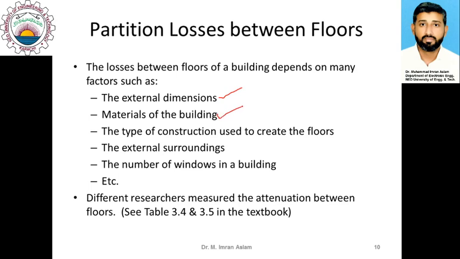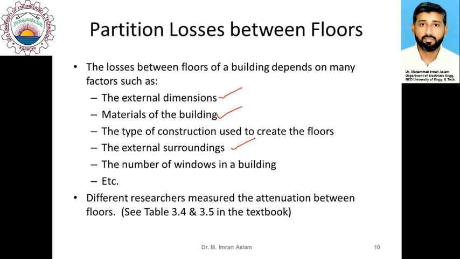The construction material that has been used for that particular building also affects the loss. The type of construction used to create the floors also affects the losses that we exhibit between floors. The surrounding stuff also affects the losses.